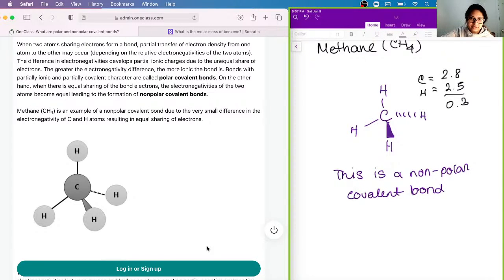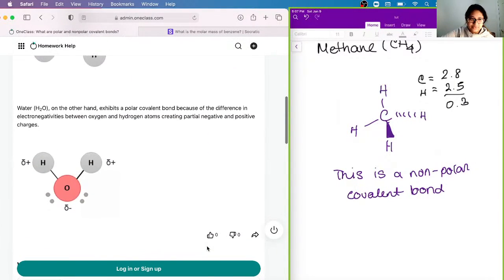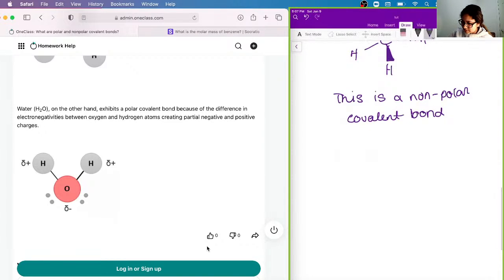For example number 2, we have water, H2O.